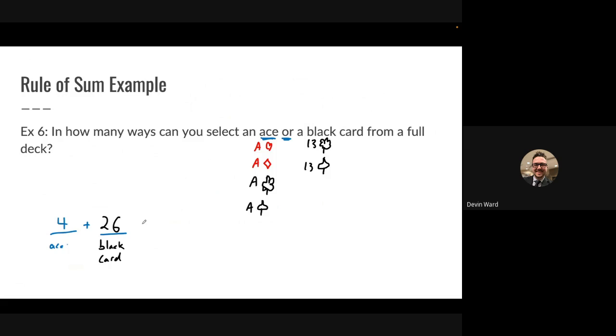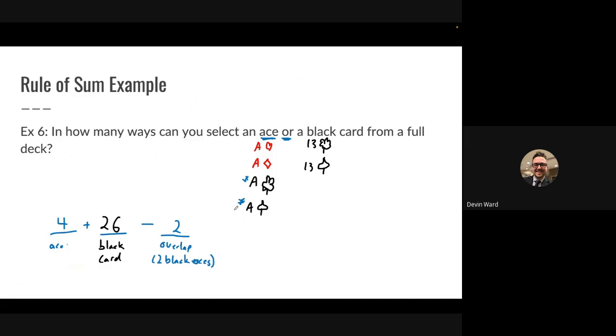So we have to subtract the overlap, which are these two, our two black aces. We have to subtract 2 because there's 2 of them here.